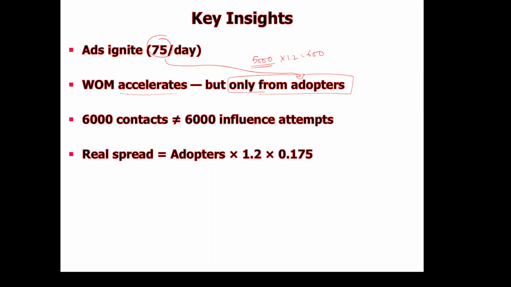but this is not equal to 6,000 influence attempts. So the real spread is adopters times 1.2 times 0.175. Simply put, the adoption depends upon the contact rate multiplied by the adoption fraction, and when this product is multiplied by the number of adopters, we get the true picture.